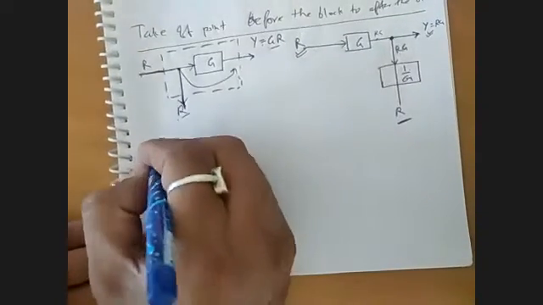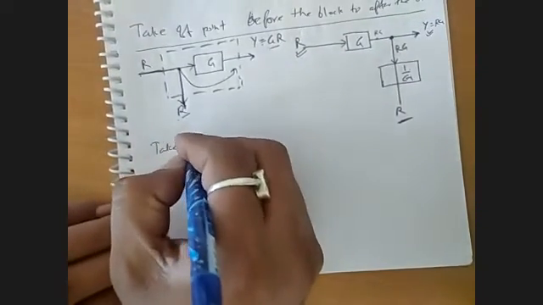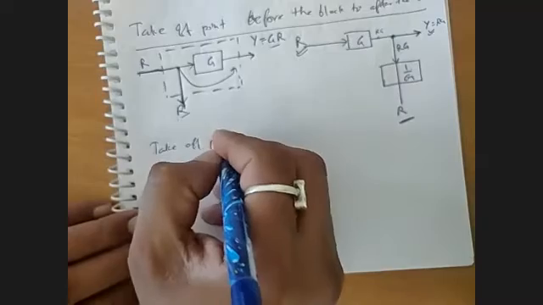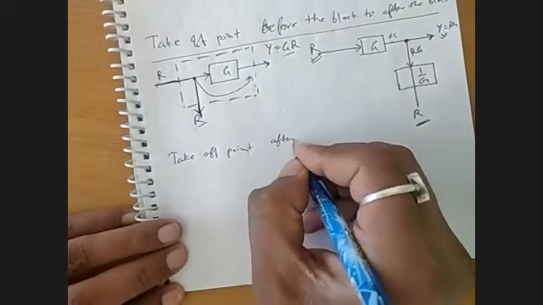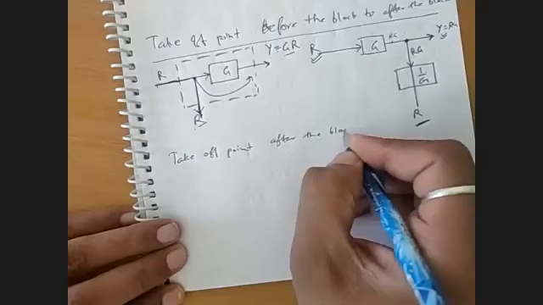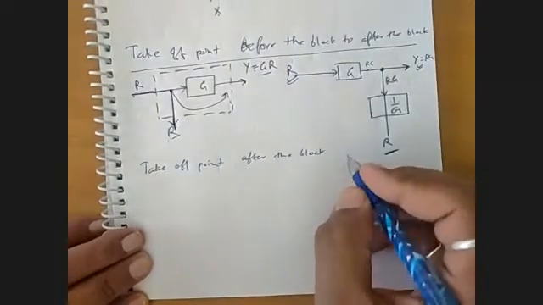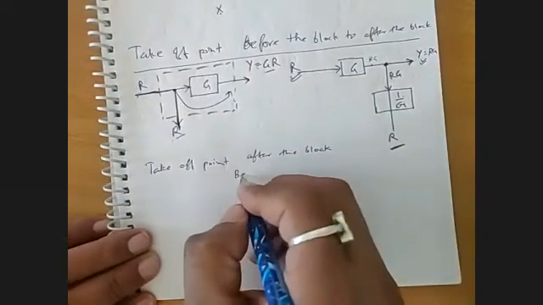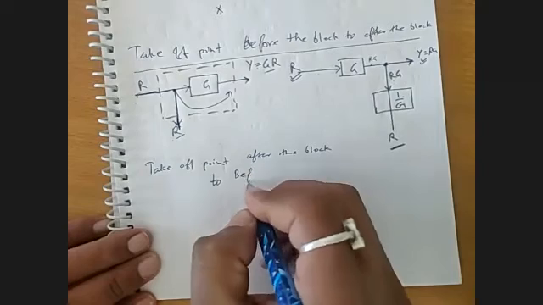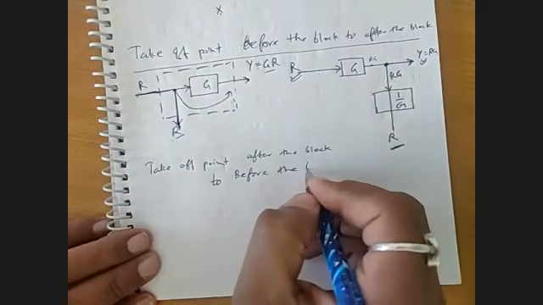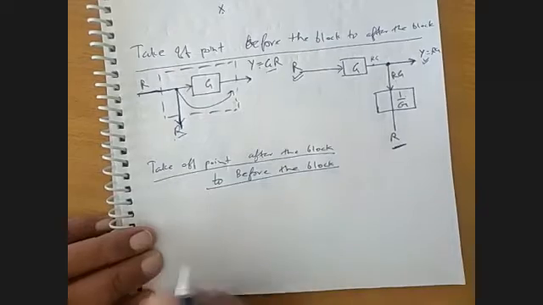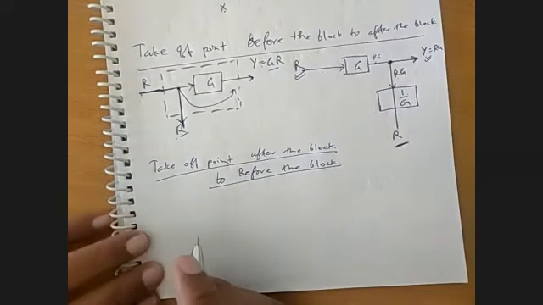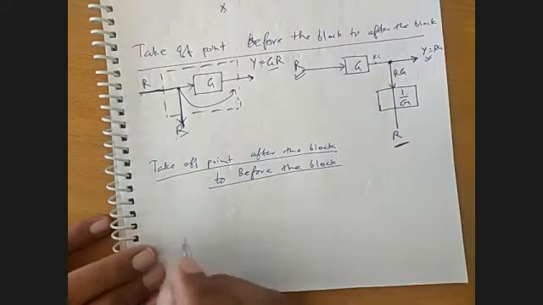Now we have a takeoff point after the block, and we want to shift it before the block. A takeoff point is connected after the block and we want to shift it before the block.